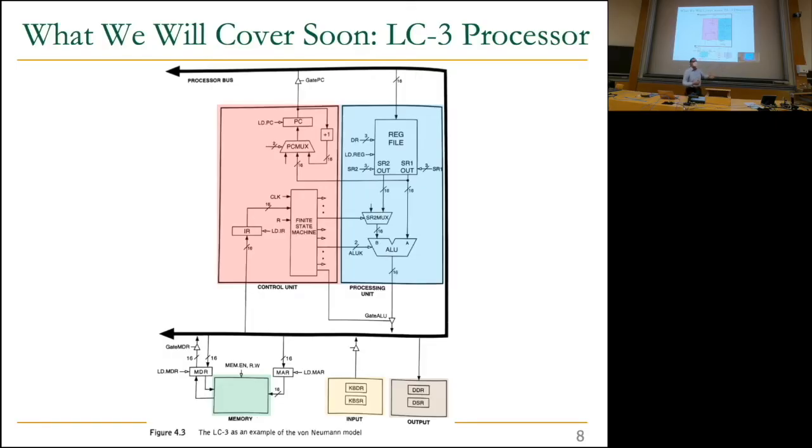What you're going to implement is much simpler than this, even though it's a very simple processor. This is called little computer. But I'm going to give you examples of how instructions execute, controlled by a finite state machine through a data path that's mainly combinational, but also has sequential elements like the register file and some registers like instruction register, program counter, etc. So this is what will come next week and the week after that.